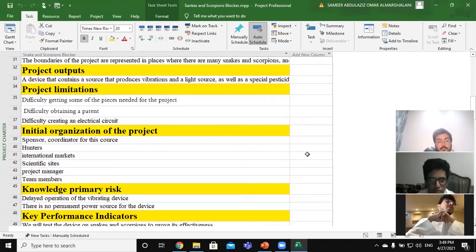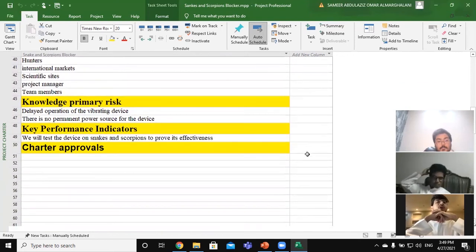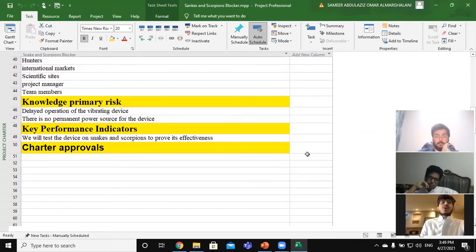And also down, we have the key primary risks. We have two things about this: the daily operation of the vibrating device, and there is no permanent power source for the device. And key performance indicators we have here. We will test the device on snakes and scorpions to prove it.